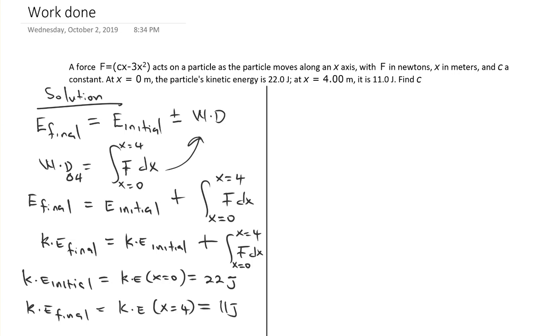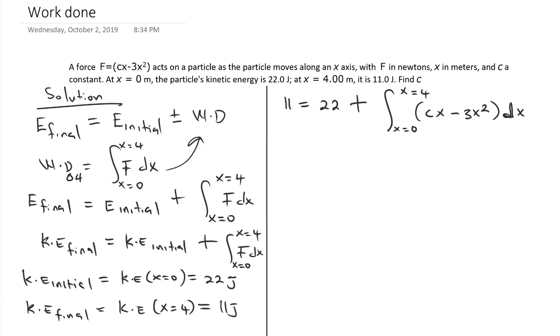So we're going to substitute all this into the expression we have. By so doing, we would have that 11 is equal to 22 plus the integral from x equal to 0 to x equal to 4, F being cx minus 3x squared dx.